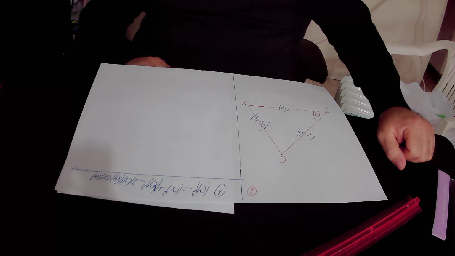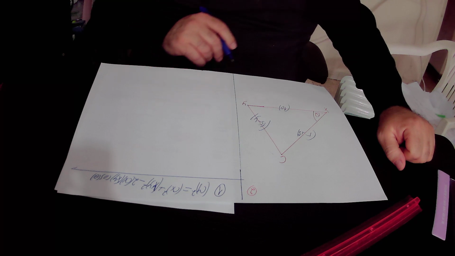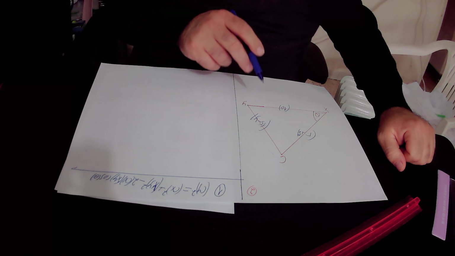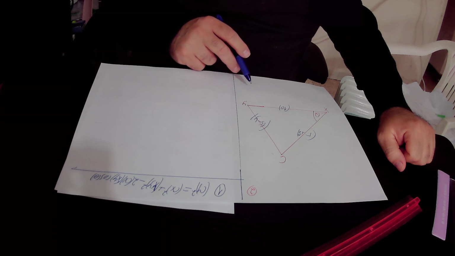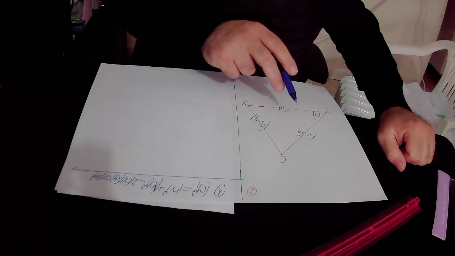In the next step, we will substitute CY by 15 minus y. We will substitute CX by r plus 5.